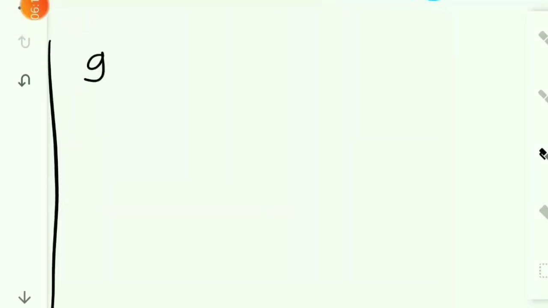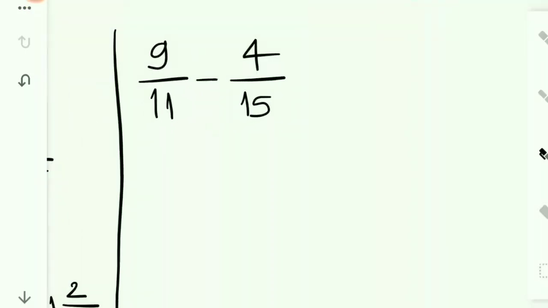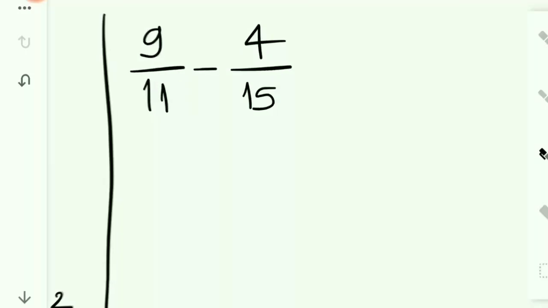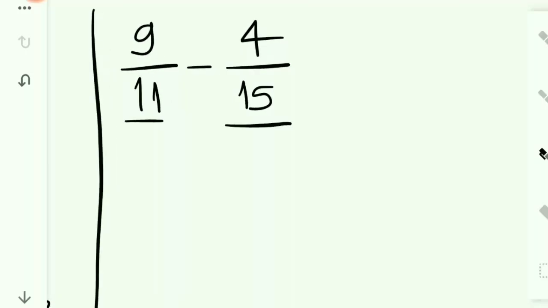Next is 9 by 11 minus 4 by 15. Now to make these two denominators equal, we have to find the LCM. No factor is common here. 11 into 1 and 5 into 3 into 1.